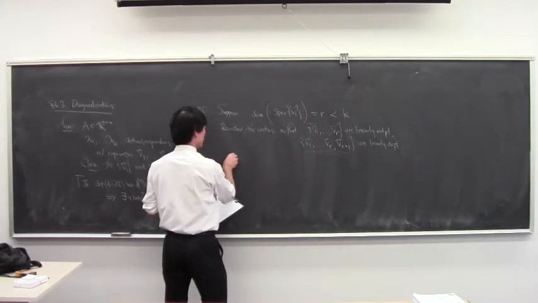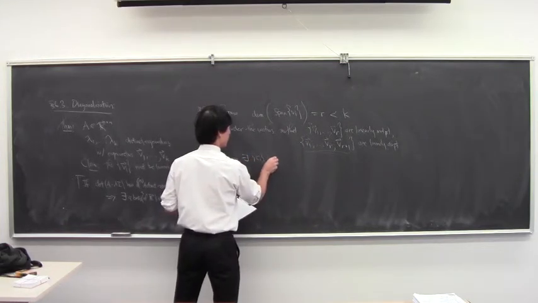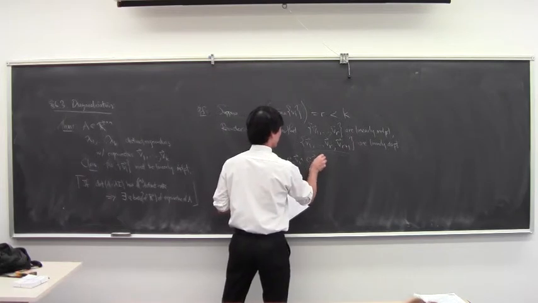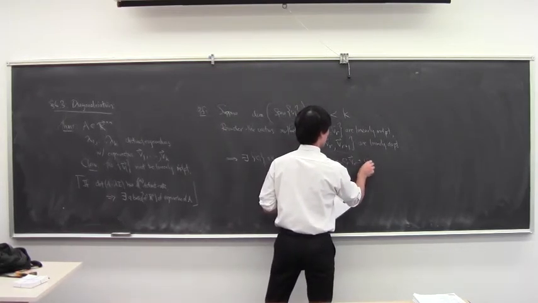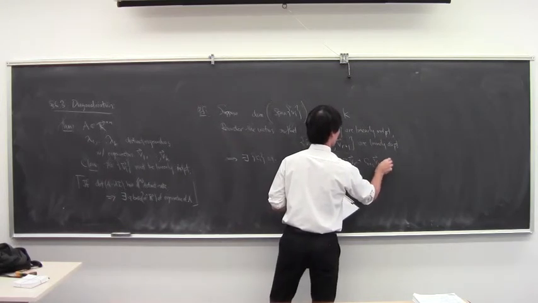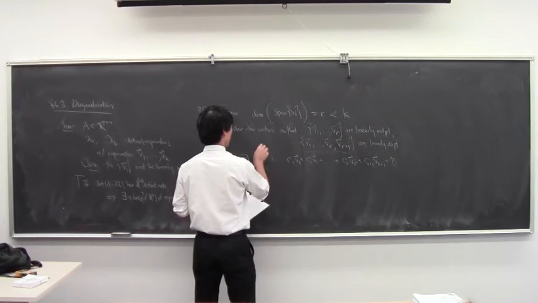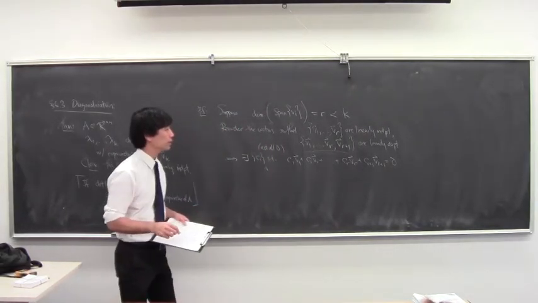Since those are dependent, we know that there exist coefficients ci so that c1 v1 plus c2 v2 plus ... plus cr vr plus c(r+1) v(r+1) equals 0. Non-trivial, not all 0, such that that happens.